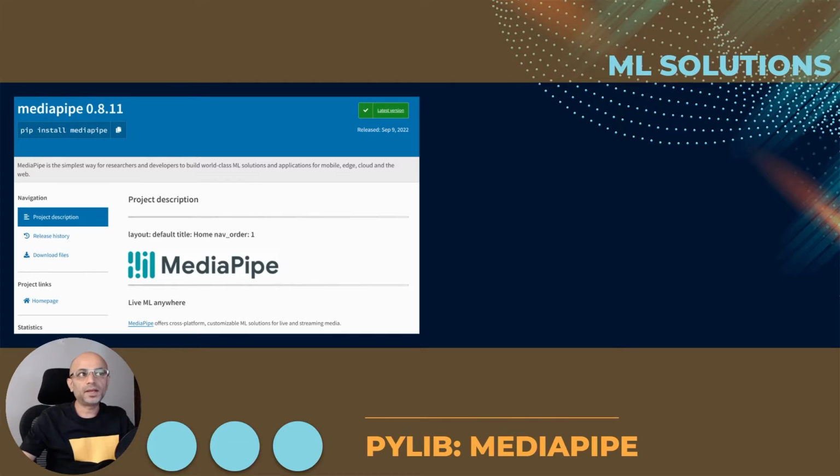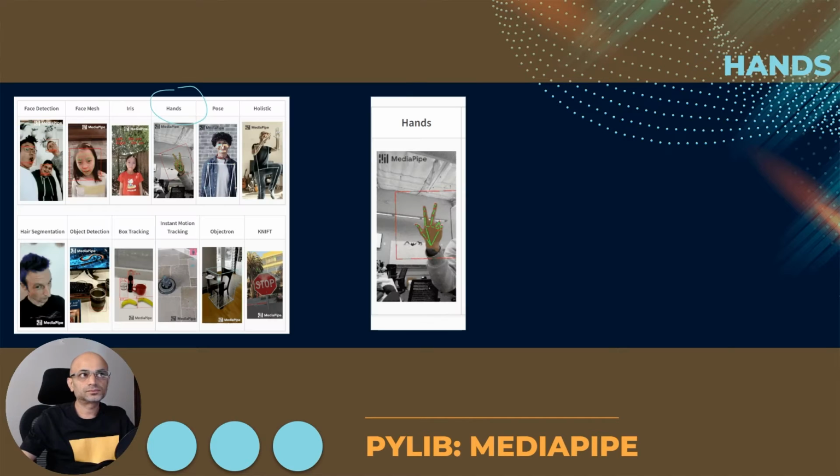And the MediaPipe library supports a lot of ML solutions, like face detection, face mesh, iris, pose, a lot of these things. One of the components in MediaPipe is hands, and our demo uses this component from the MediaPipe library.